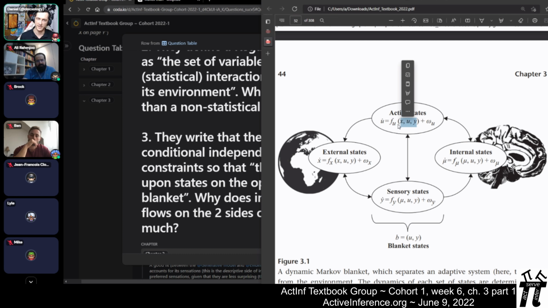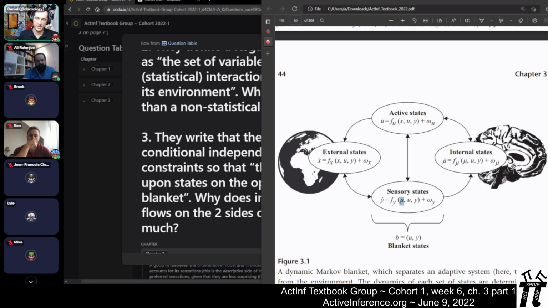However, as Ali has pointed to, the arguments that should be guiding the flow of active states are actually the blanket states and internal states, not external states. And then analogously, sensory states should have a flow that's defined in terms of blanket states and external states, not internal states.